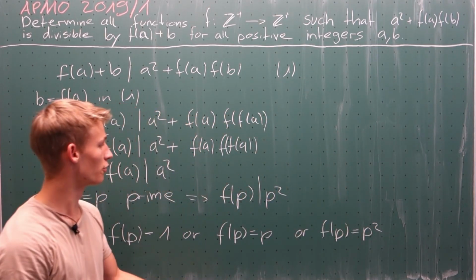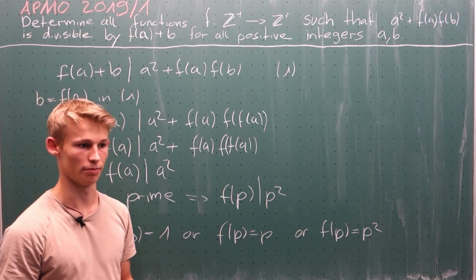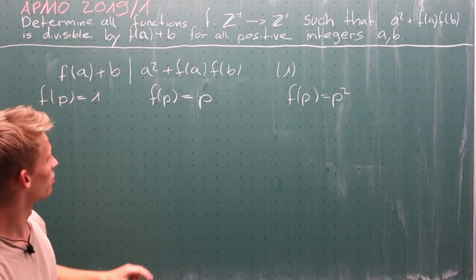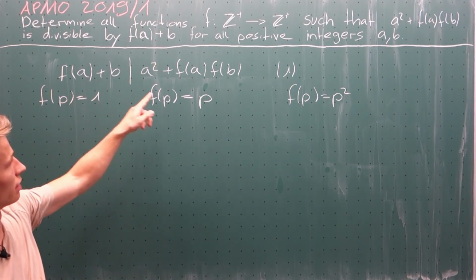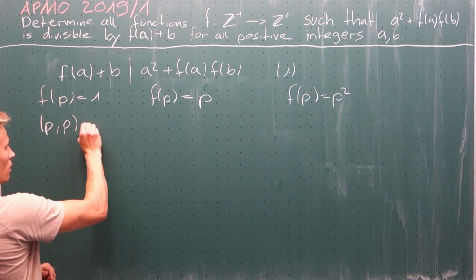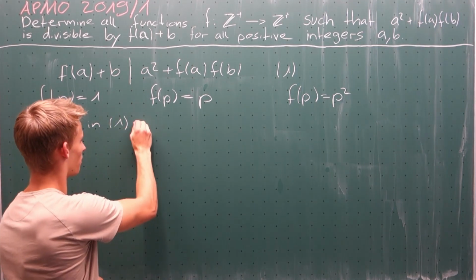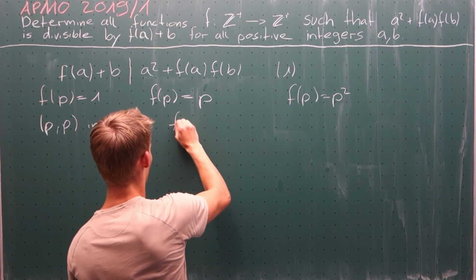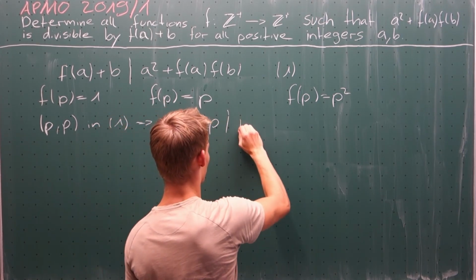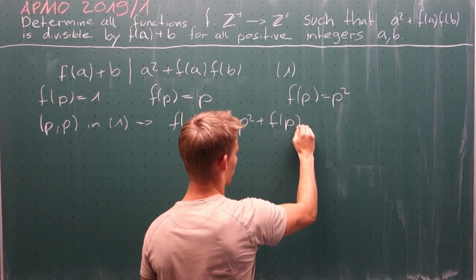And now, let's move this to the top of the blackboard and have a look at which of these cases are possible. Now, in order to find something out about f of p, we can put in p for a and b into equation 1. And this gives us that f of p plus p divides p squared plus f of p squared.